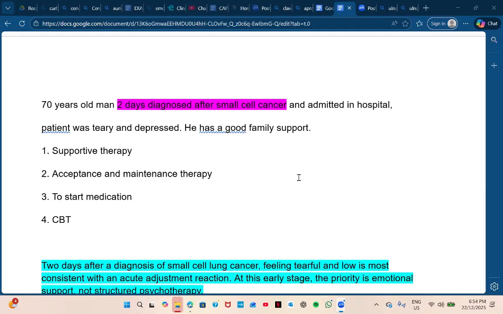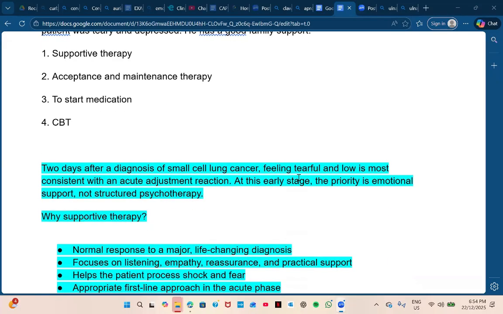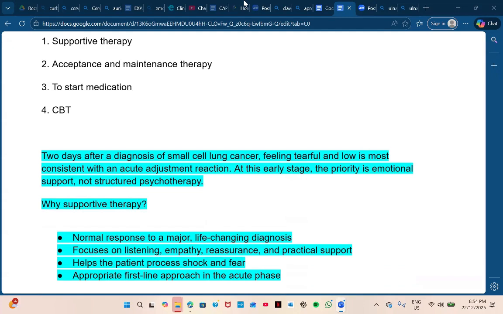In that case, the patient is always trusting the doctor. As the main person in this scenario, we have to listen to the patient and reassure the patient.